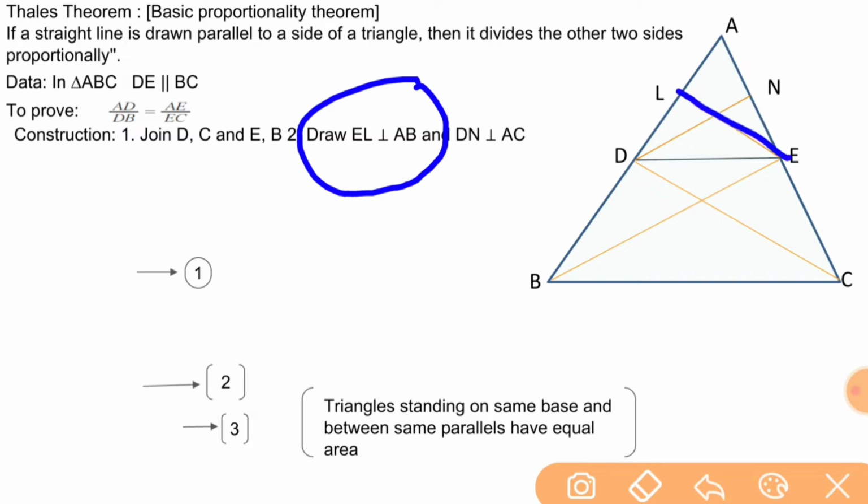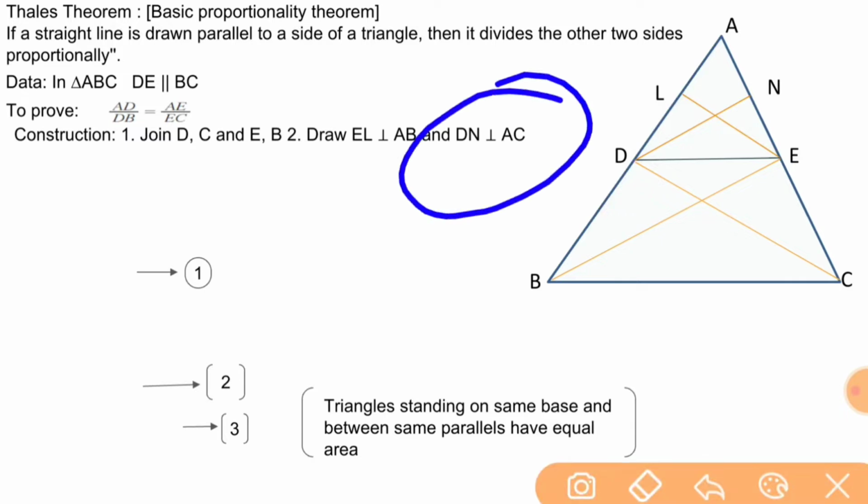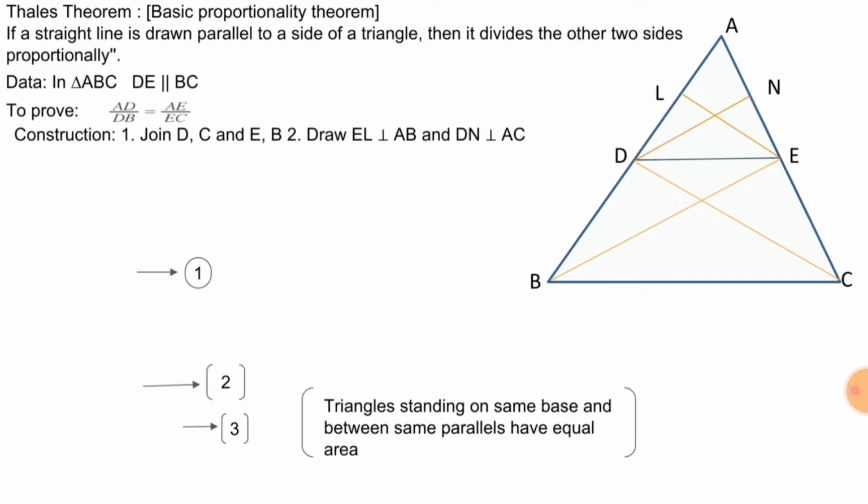This EL we have drawn perpendicular to the line AB. Then we have considered DN. DN is here, perpendicular to AC. This line we have drawn perpendicular. This comes under the construction.